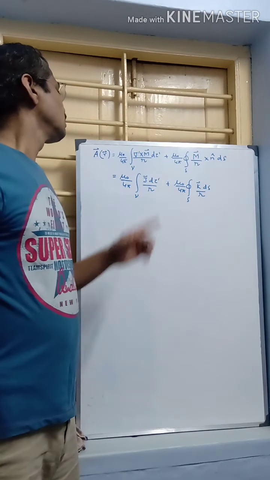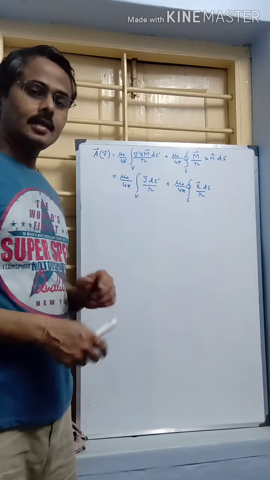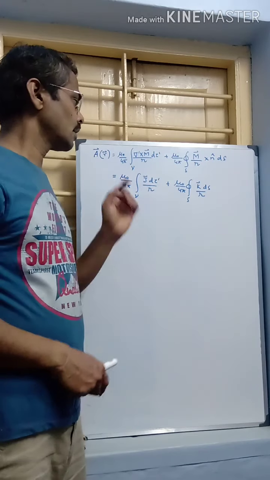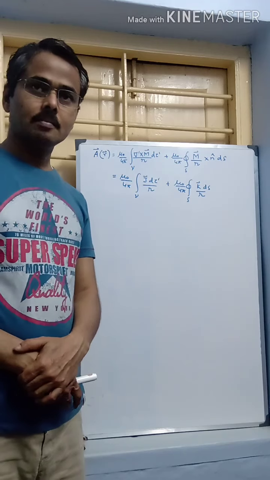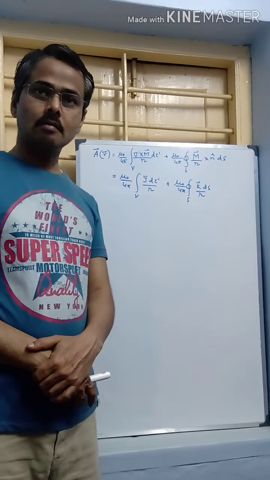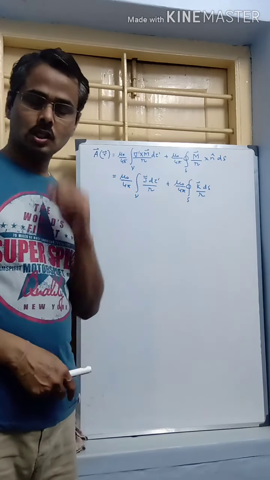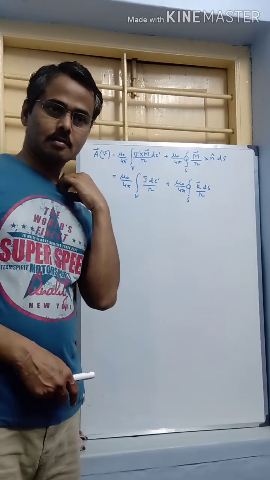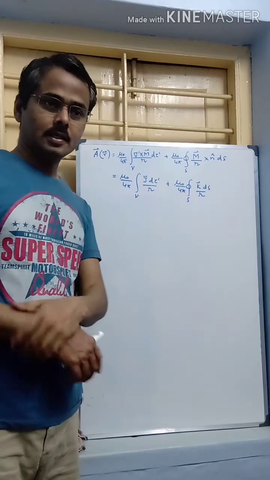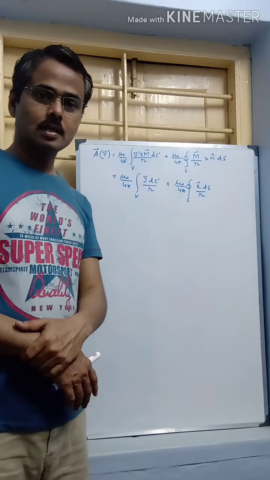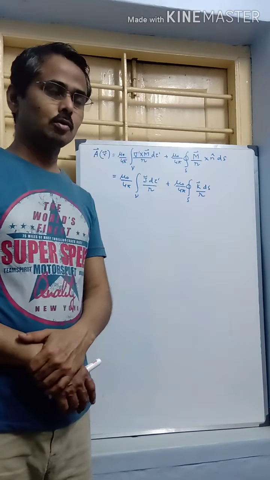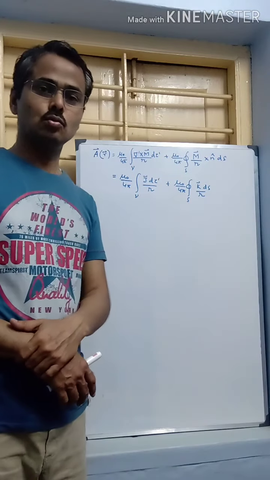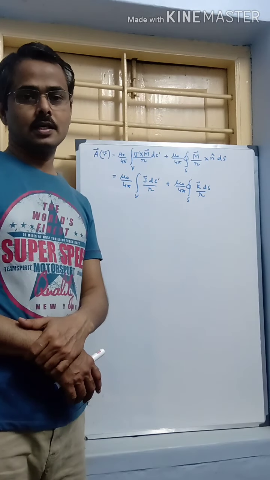So we can say that for this particular case, where we were considering a magnetic material and trying to calculate the magnetic vector potential for a particular magnetic substance at a certain field point P, the vector potential gives rise to two kinds of current density.